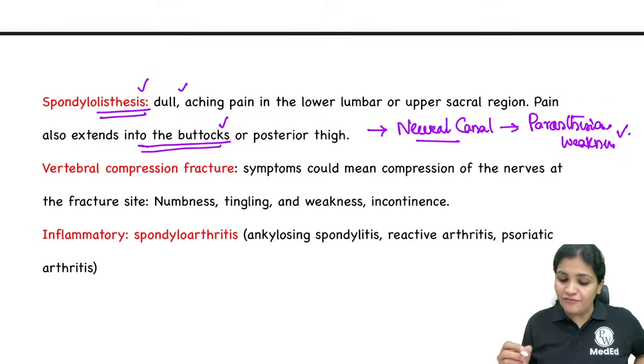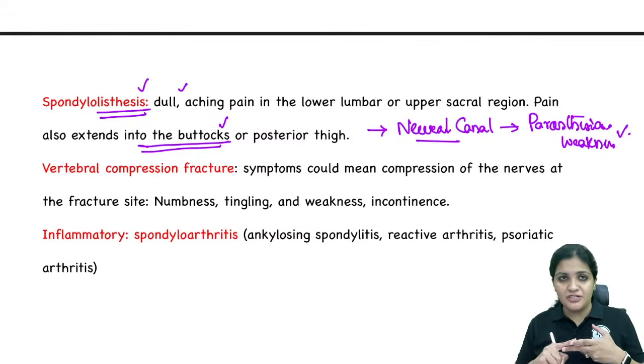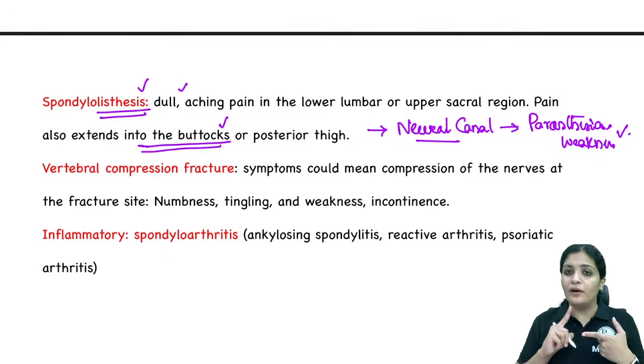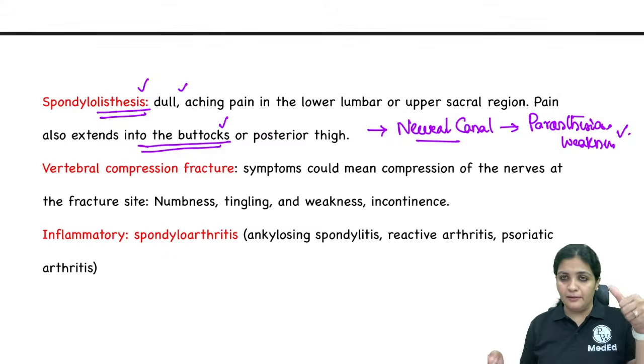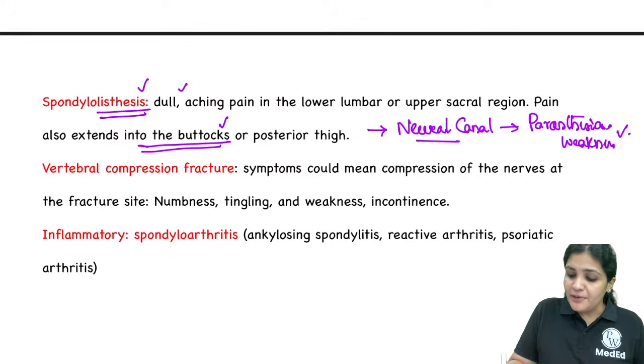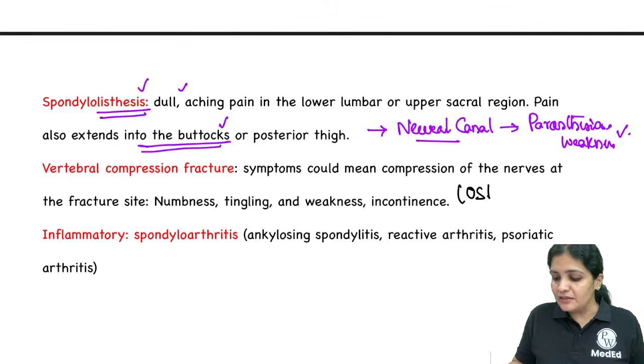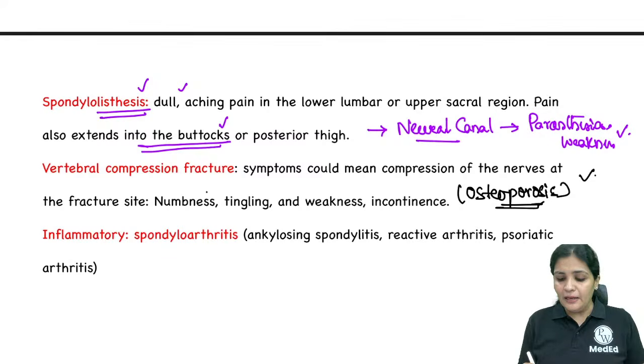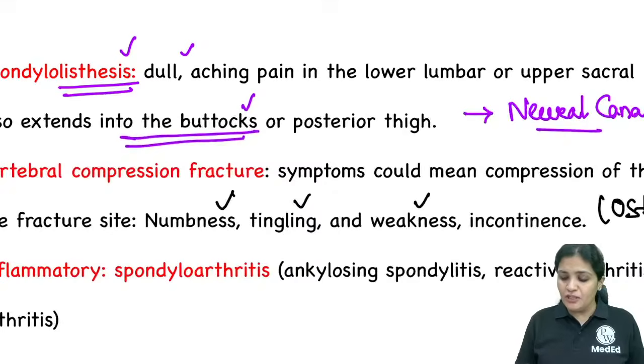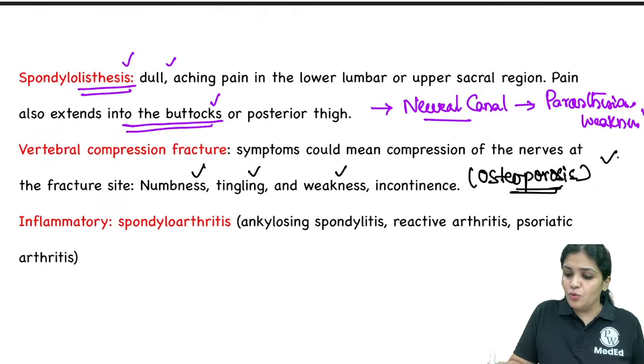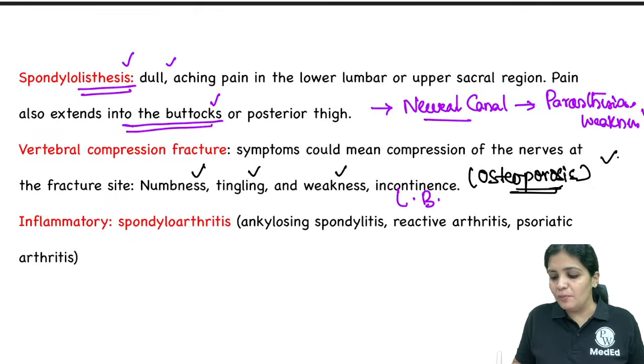Yes, and then if the patient is having weakness, paresthesias, and you have the step sign on palpation during examination, then you can think of spondylolisthesis. And then compression fractures, which are more common. This is nothing but your osteoporosis, mainly in elderly females. Again the patient will have tingling, numbness and weakness, and usually the complaint will be just low back pain.